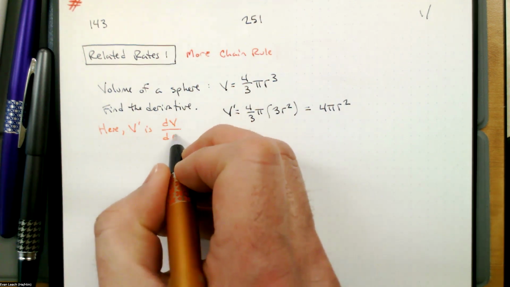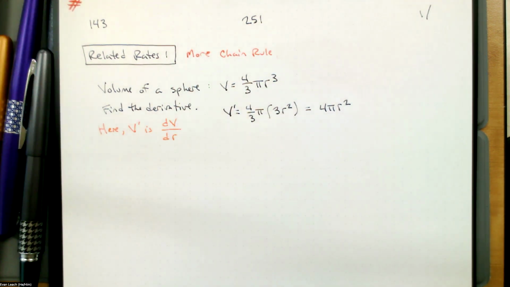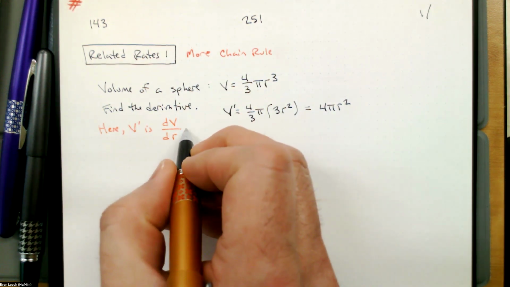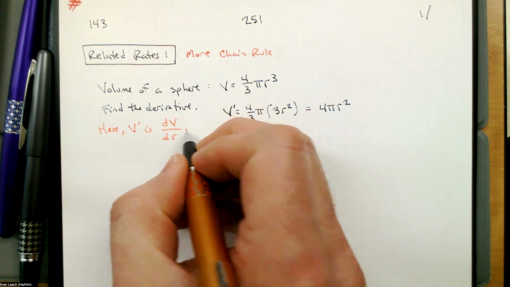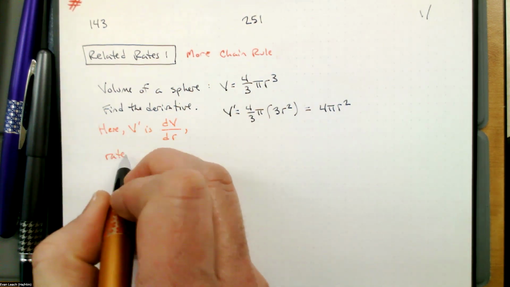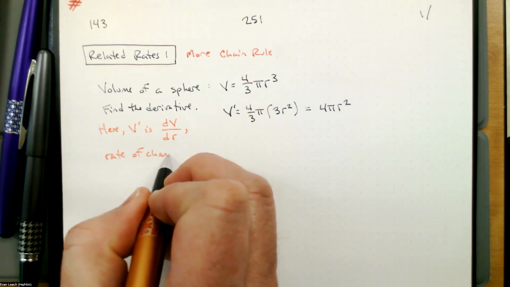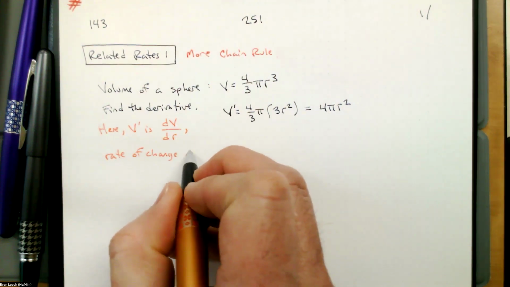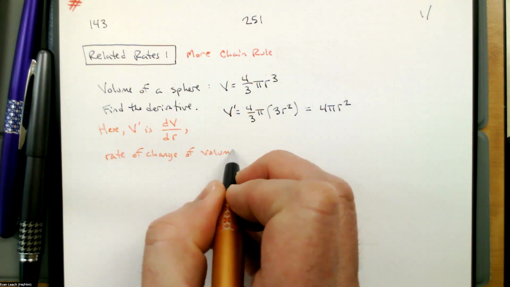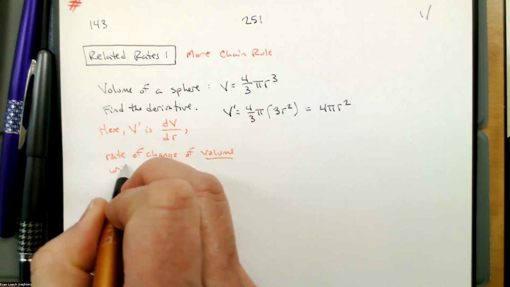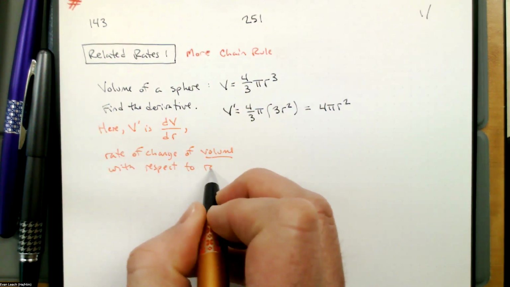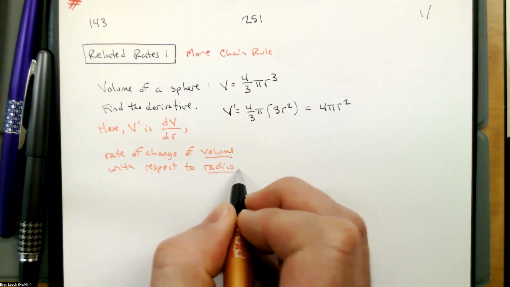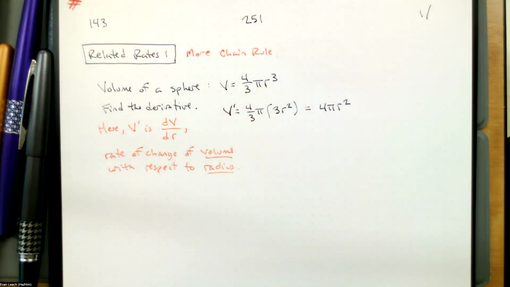So this derivative is dv dr. This is the rate of change of the volume with respect to the radius.